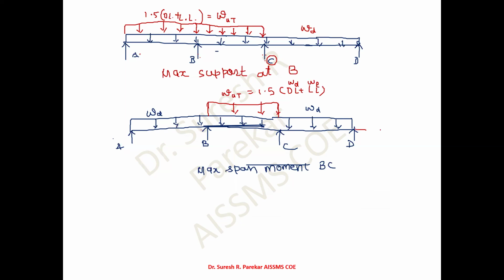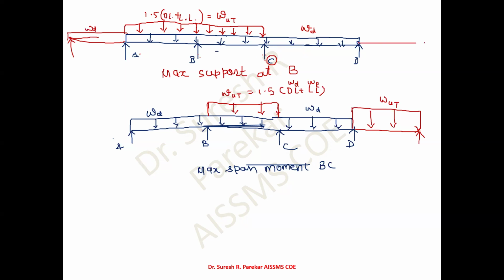So if you have a span on this side, then you have total load again, WUT. So alternately, we have to go for this. So this will be WUT. If you are on this side, WUT. In this, if you are on this side, then you have only dead load, WD.